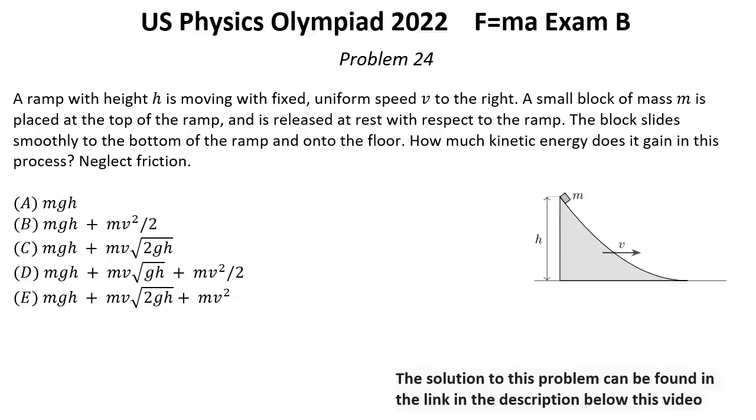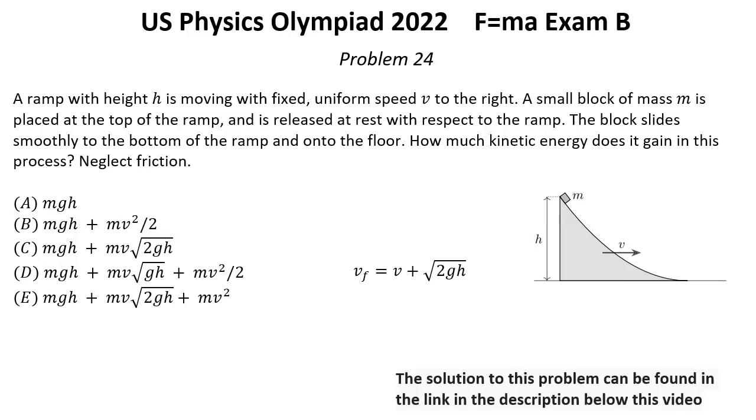First, we can find the final velocity of this block after it reaches the floor. That will be square root of 2gh compared to the ramp, and v final equal v plus square root of 2gh compared to the floor.